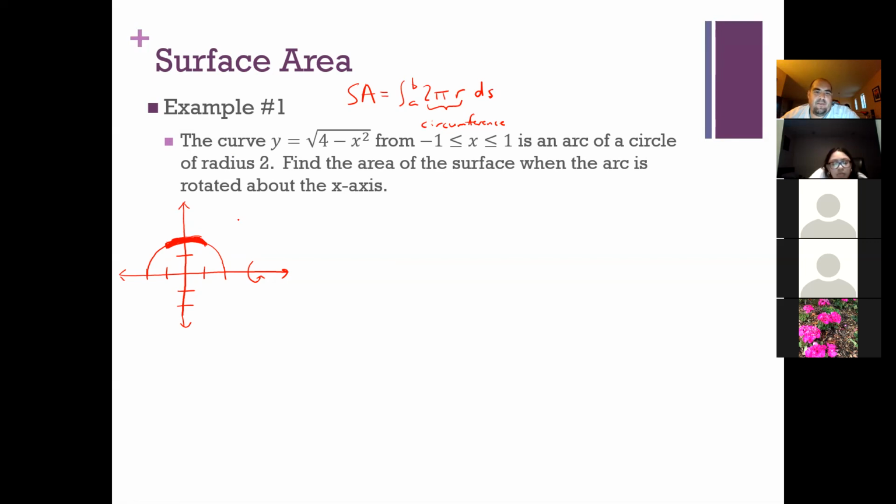So if I'm revolving this around the x-axis, and really I'm only interested in this part of the curve, what's the radius going to come from? How can I express the radius in terms of the functions that I have? Probably worthwhile if I actually put a dx strip in here.